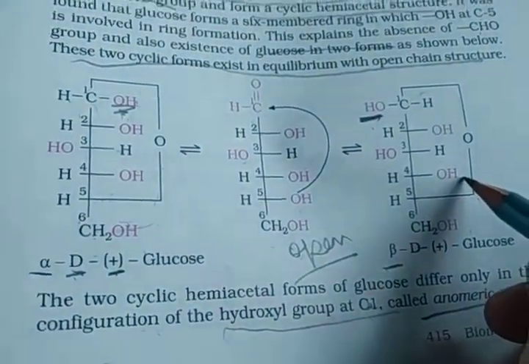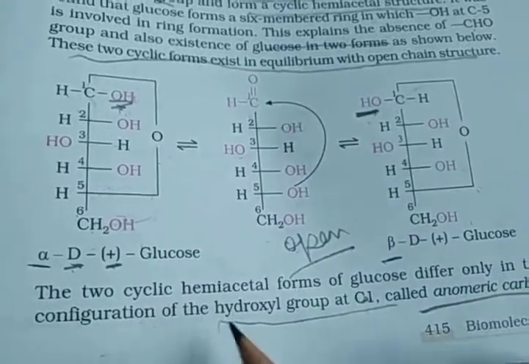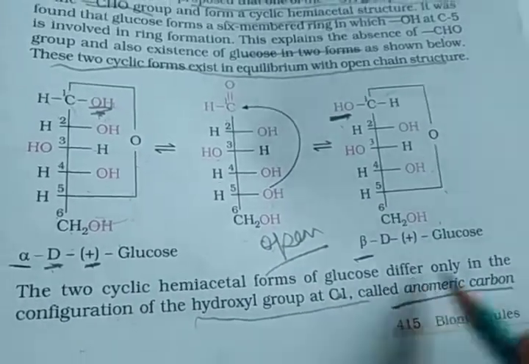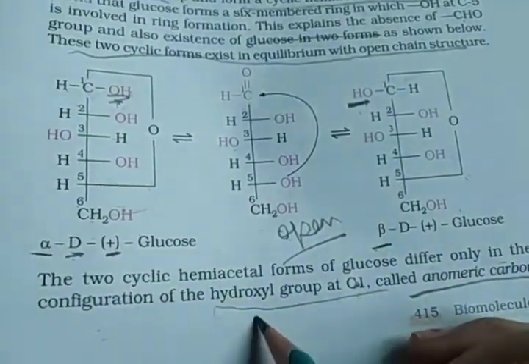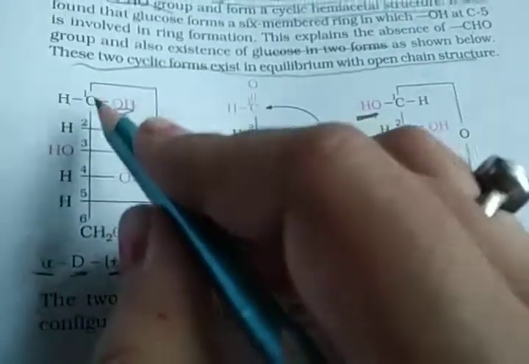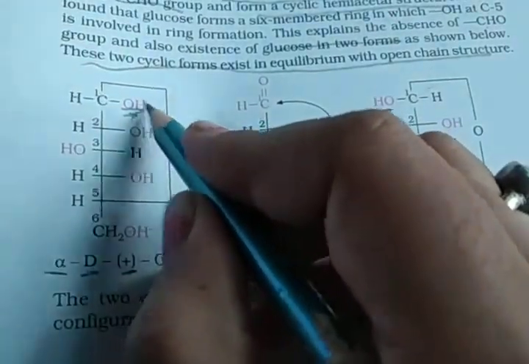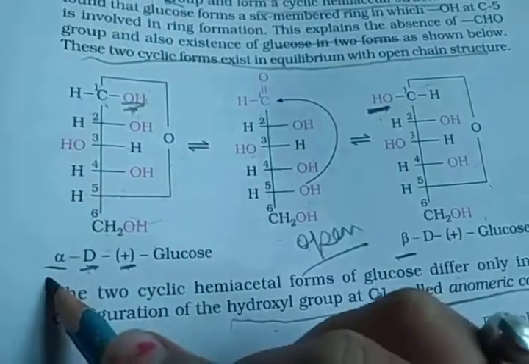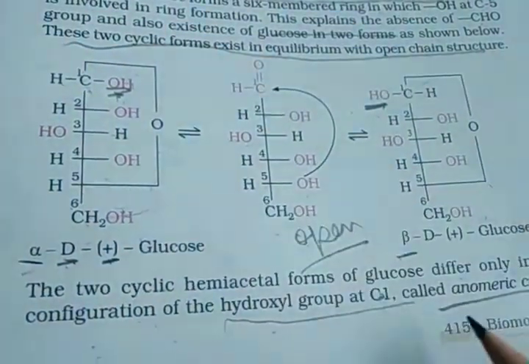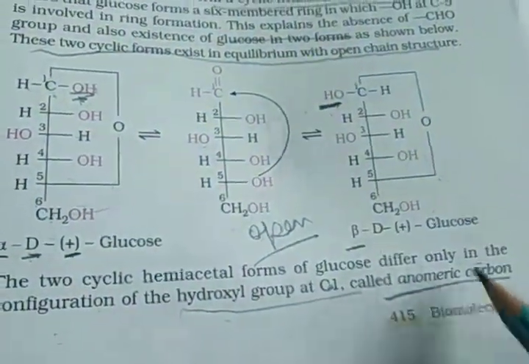Clear? Okay, so the two cyclic hemiacetal forms of glucose differ only in the configuration of the hydroxyl group at C1. So the OH group attached on the right-hand side at C1 is D alpha, and on the left-hand side is beta. So it is called the anomeric carbon.